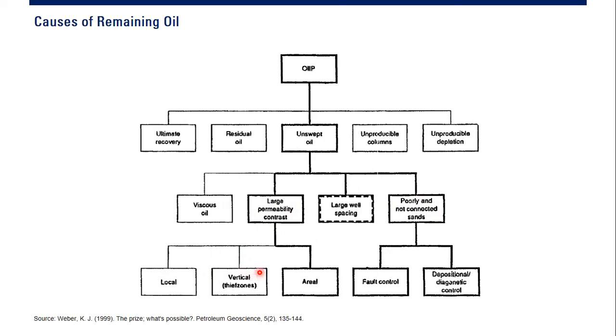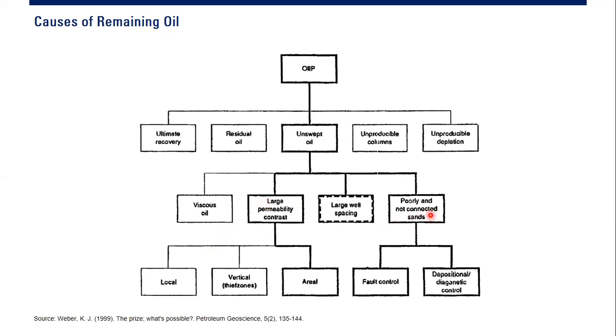We have tight zones vertically, and we have thin streaks, tight streaks. We have baffles, thin baffles with low permeability, vertically distributed, although not continuous. And it can also occur areally, laterally, covering a wider area compared to this local case. So that's it for large permeability contrast.